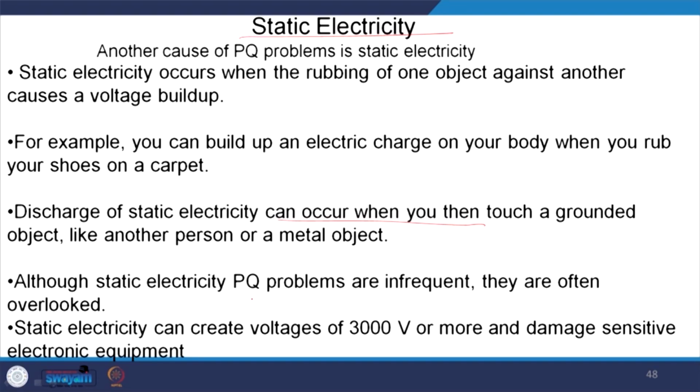Though the static electricity problem is infrequent and generally overlooked, sometimes it may cause a huge problem. Static electricity can create as high as 3000 volts and more, and damage sensitive electrical equipment.